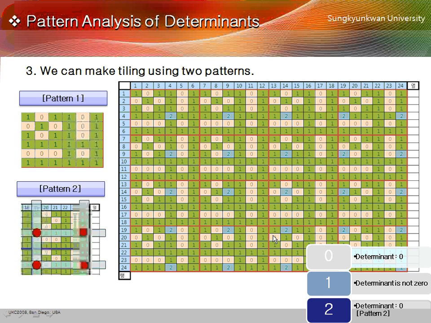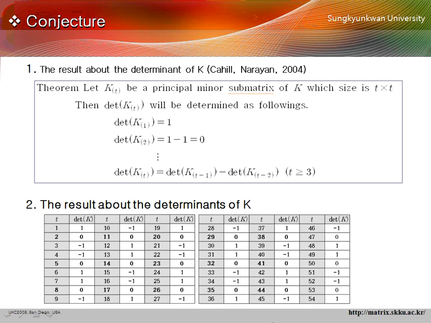Most of this computation was done in Mathematica. So now we have a conjecture: for the matrix A of size mn by mn from the m by n Lights Out game, the singularity and non-singularity can be determined by those two patterns.